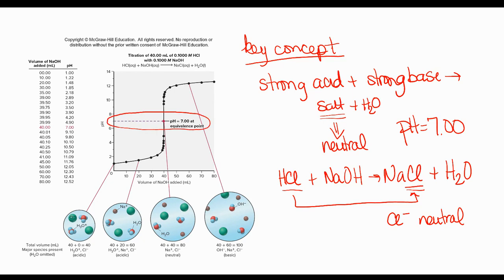No matter if it's HCl plus NaOH, HBr plus NaOH, or nitric acid, which is the one your book uses in their sample calculations, nitric plus NaOH. That salt, sodium nitrate, nitrate ion, neutral. So the pH at equivalence point is 7.